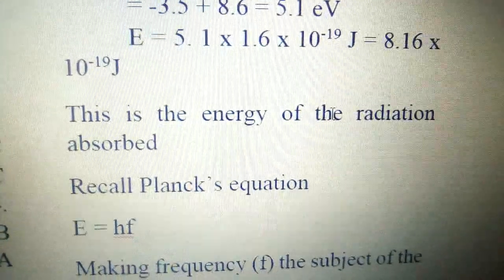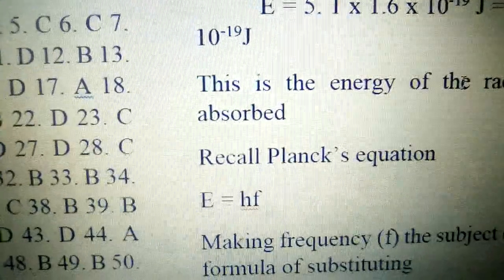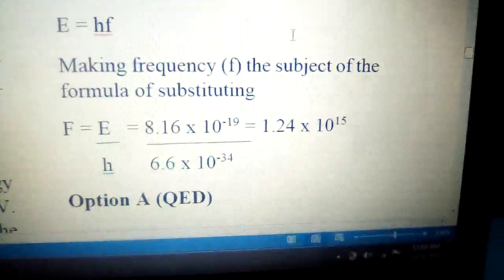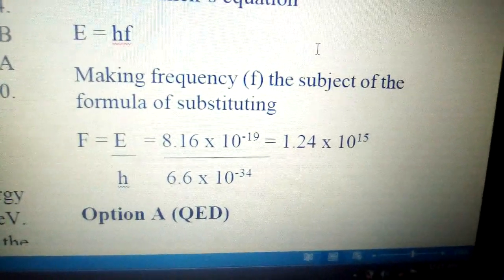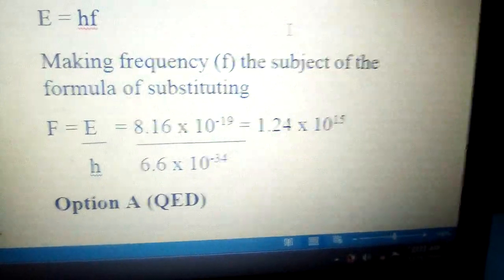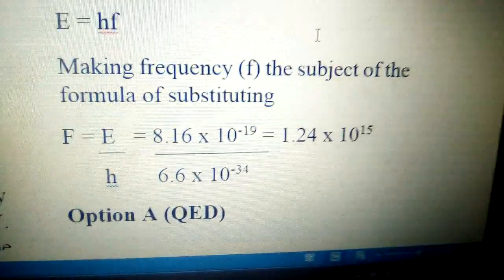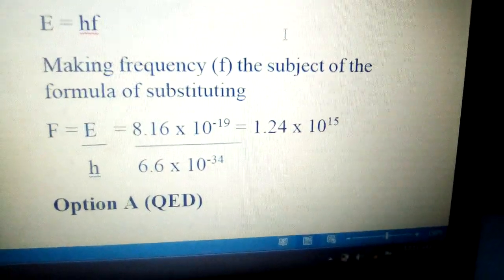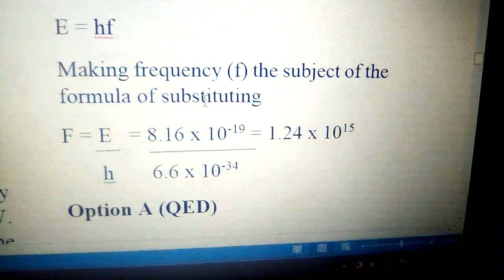Recall Planck's equation, energy equals Planck constant h times f. Making frequency the subject of the formula, f becomes E over h. Then we substitute the value of energy and the Planck constant in that equation, and we have 1.24 × 10^15 Hz. Option A is the right answer. Quod erat demonstrandum.